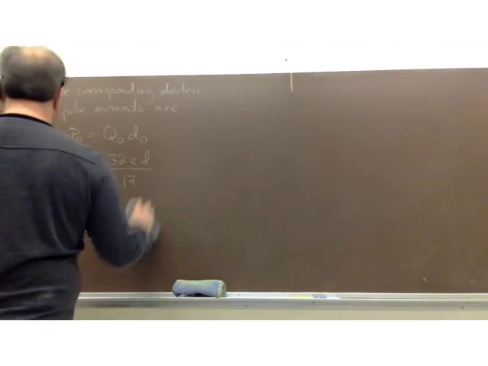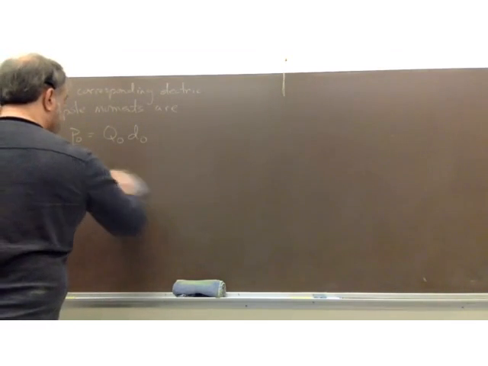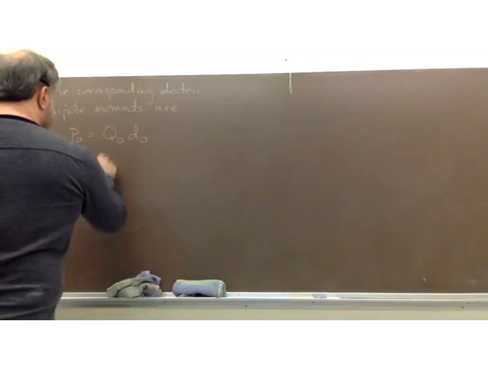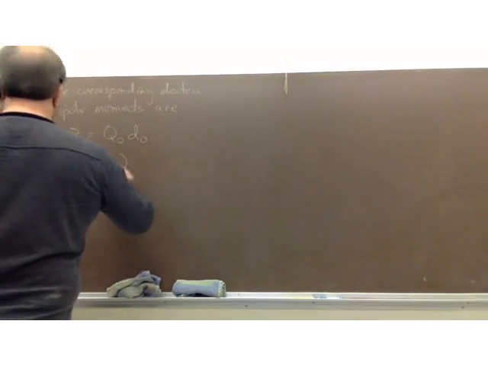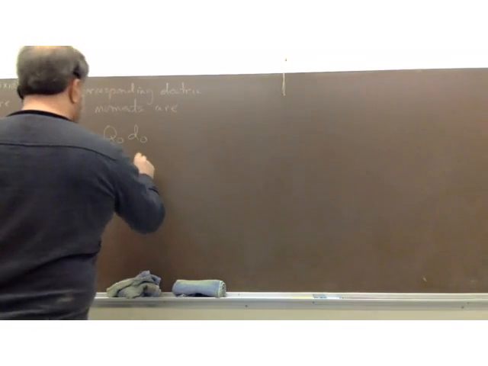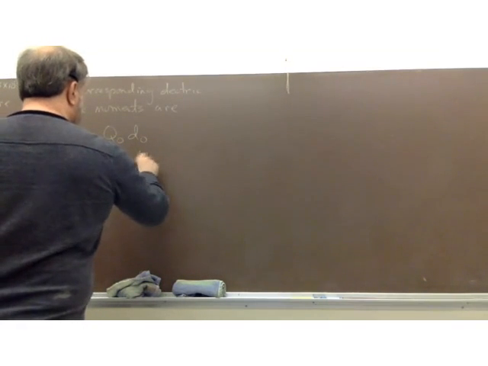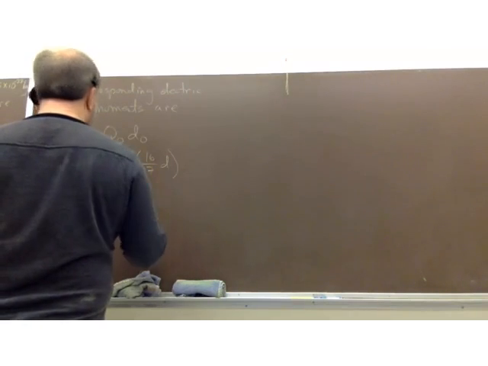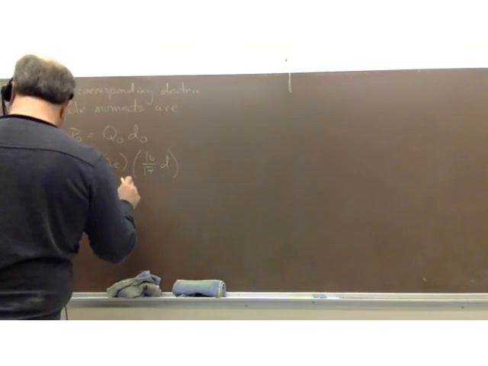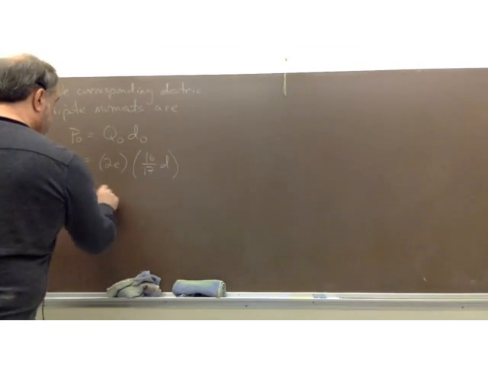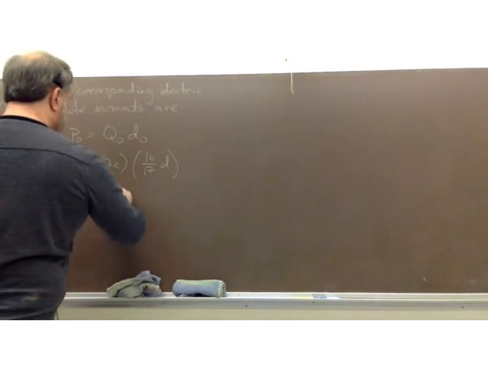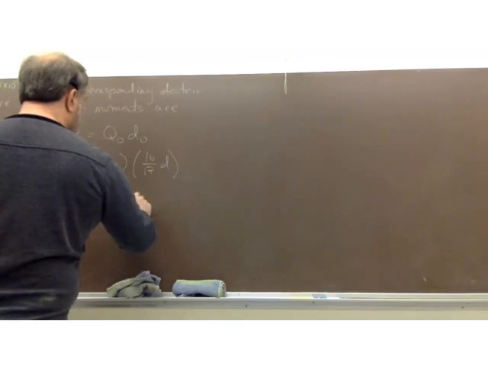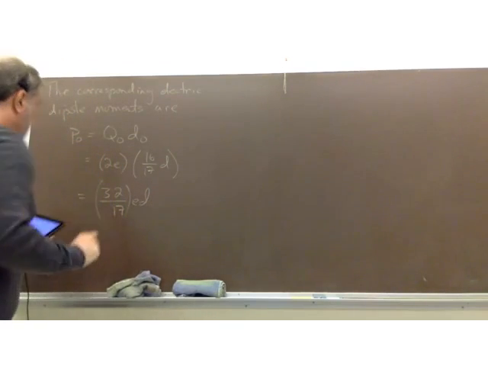Maybe I should do that in slower motion. Q0 is 2E. D0 is 16 over 17 times D. And so we end up with 32 over 17 E times D. How about that? Okay.